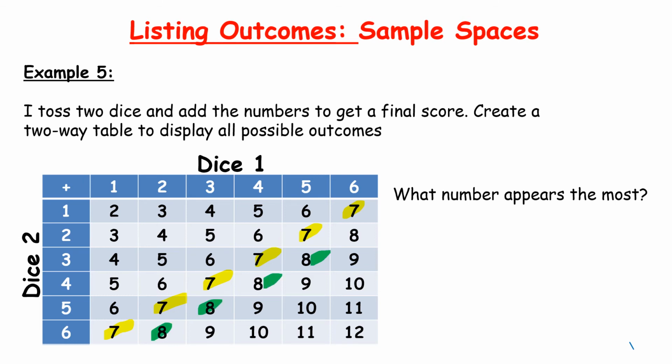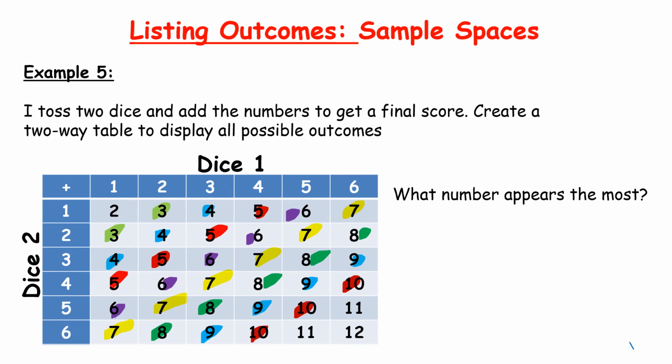Then we have a line of 8s, a line of 9s, a line of 10s, and so on. And the same is true over here. So we have 3s, we have 4s, we have a line of 5s, and we have a line of 6s. So you can see these lovely lines appearing, this lovely pattern.